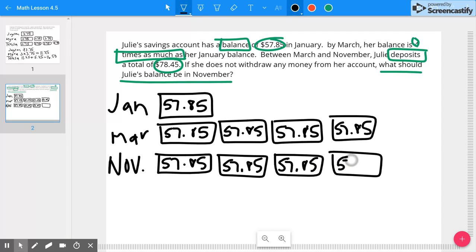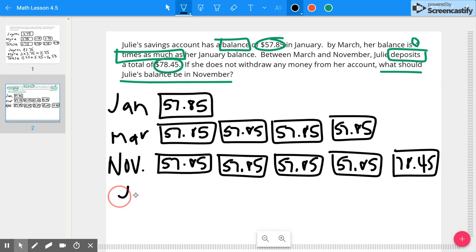Now, she did add, though, $78.45. She deposited. That means she put it into her bank account. So I need to now have another box to show that she added money in. So she added $78.45 into her bank account. So they want to know what her balance should be in November.